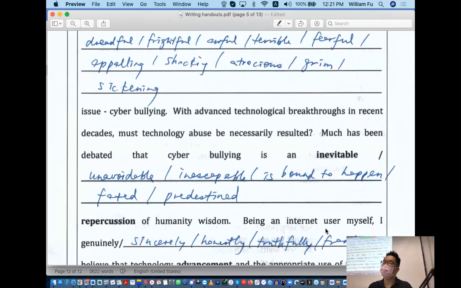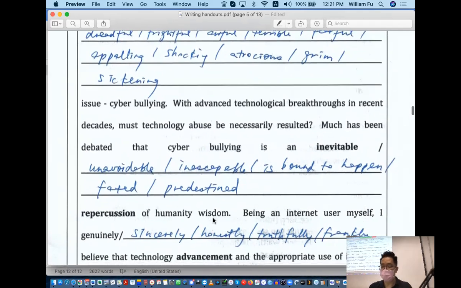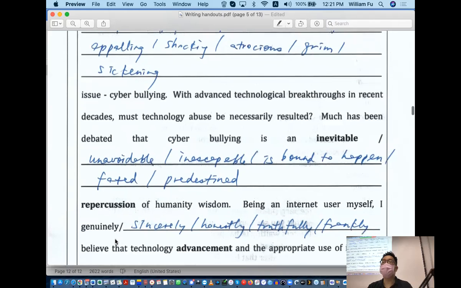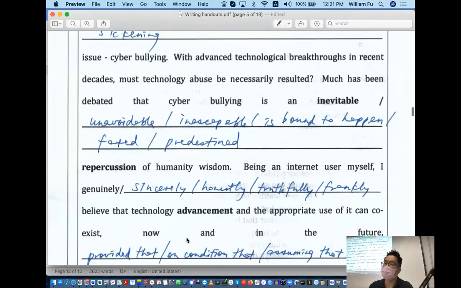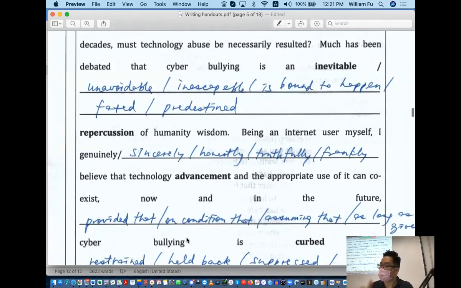Now, being an internet user myself, I genuinely, or 真誠地, or sincerely, honestly, or truthfully, or frankly, believe that technology advancement and the appropriate use of it can coexist. What's co? Co means what? Yeah, 共同, 共存, coexist now and in the future. Wow, really powerful. Okay. However, there is a condition.